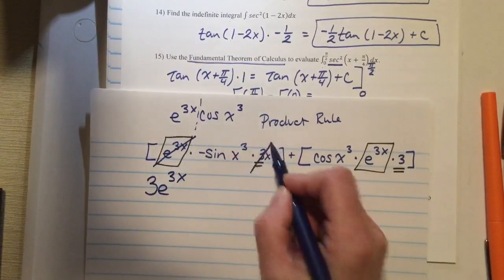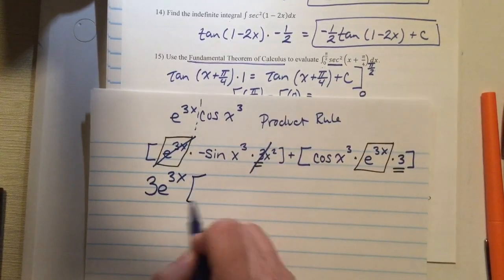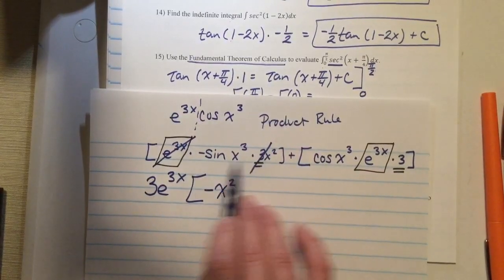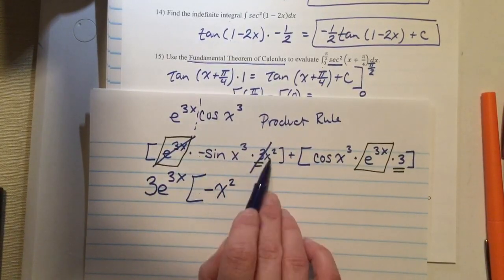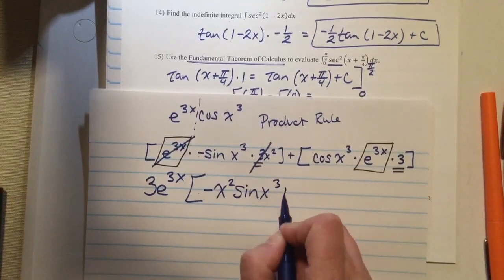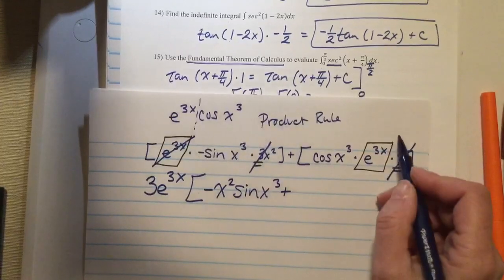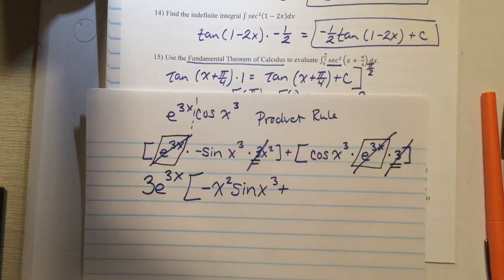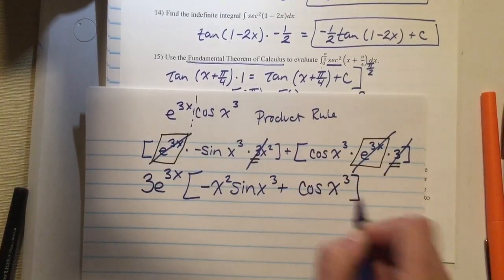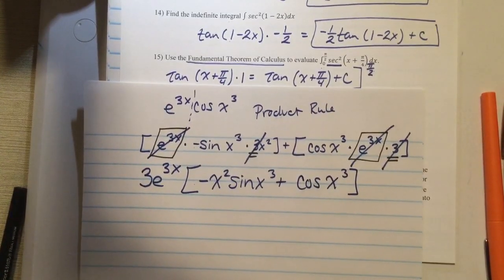This would cancel, this would cancel. What I have left is negative x squared, because it's negative in front of the sine. X squared is remaining, sine of x cubed. Plus, I took the 3 out, I took e to the 3x out. This is a cosine of x cubed. Okay, now that's your derivative.